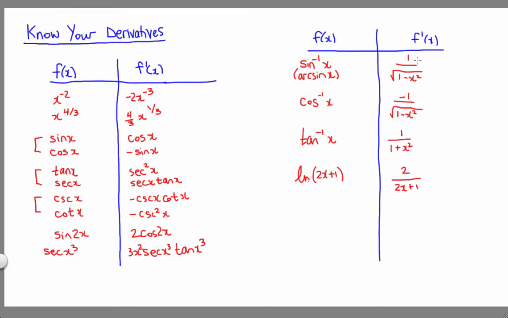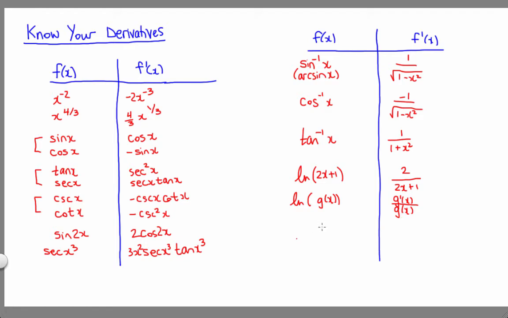So if f of x is ln of 2x plus 1, the fastest way to think about f prime of x is that you've got that function 2x plus 1 in the denominator, and then the derivative of that function, which is 2, goes into the numerator. More generally, if we had ln of some function, let's call that function g of x, then we'd have g of x on the bottom and g prime of x on top. So g prime of x over g of x.